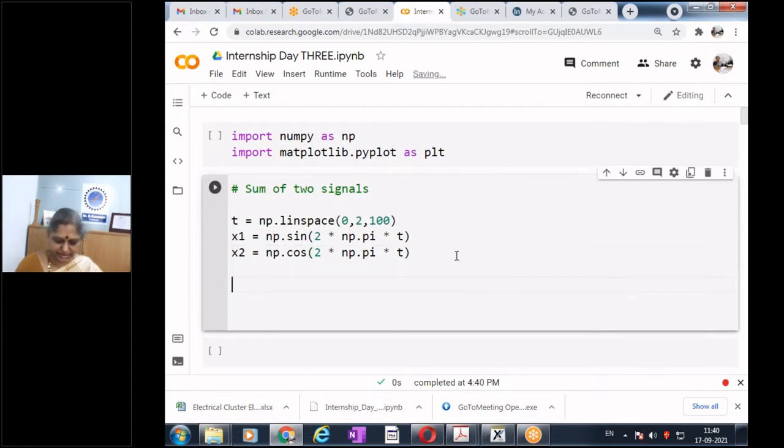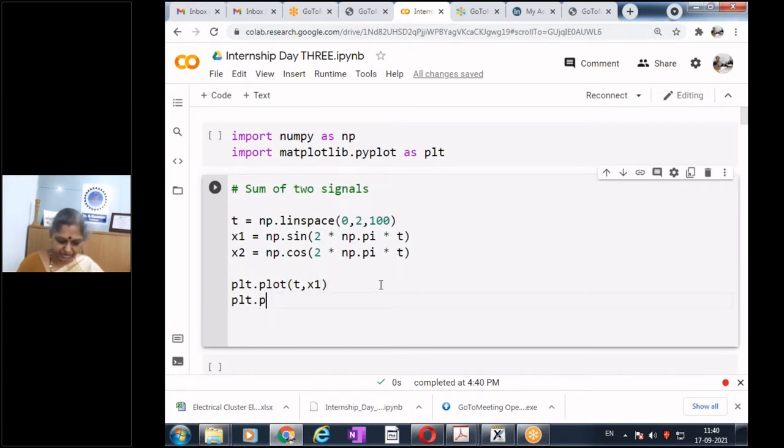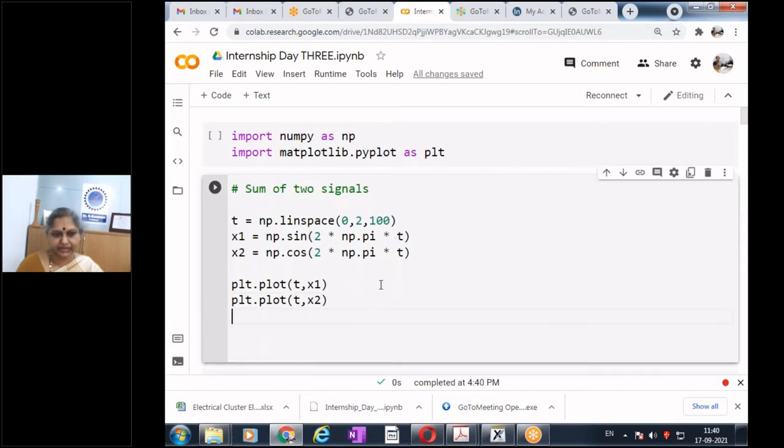Let us try to plot the signal. plt.plot of t comma x1 as one signal. Then plt.plot of t comma x2 as another signal.